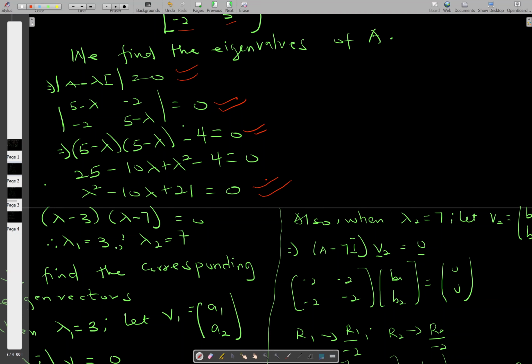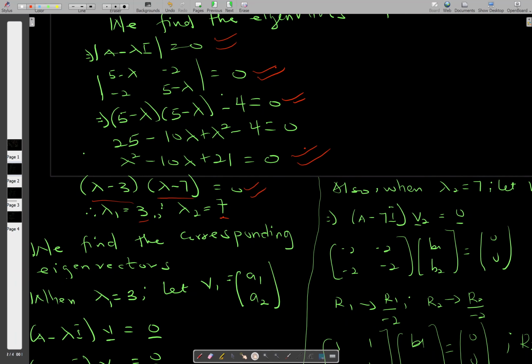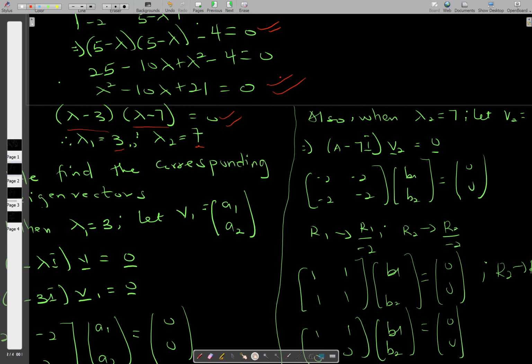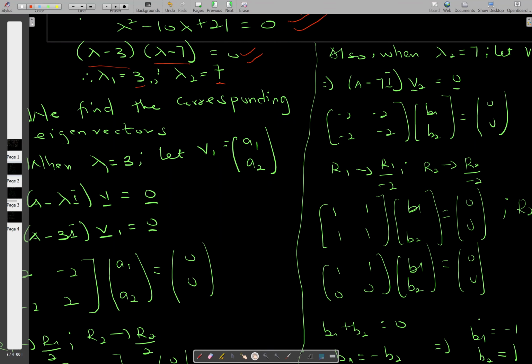When we do that, we get lambda minus 3 times lambda minus 7 equals 0. This is the same as, when you find the zeros of lambda minus 3, you get 3, and the zeros of lambda minus 7, you get 7. So we are getting 2 eigenvalues here. Thus they are all positive, and therefore it is positive definite.